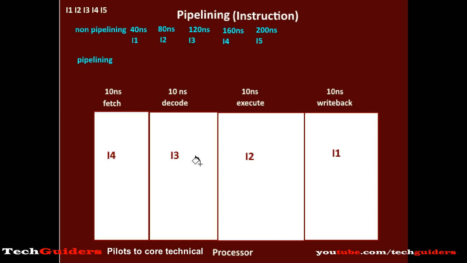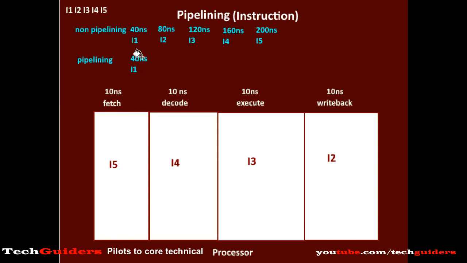Now we are processing 4 instructions at a time, and after 40 nanoseconds, I1 processing will be over, and we will get instruction I1 out. At that time, I2 will be in the write back unit, I3 in the execute unit, I4 in the decode unit, and the fetch unit, which is free, can start fetching the next instruction I5.